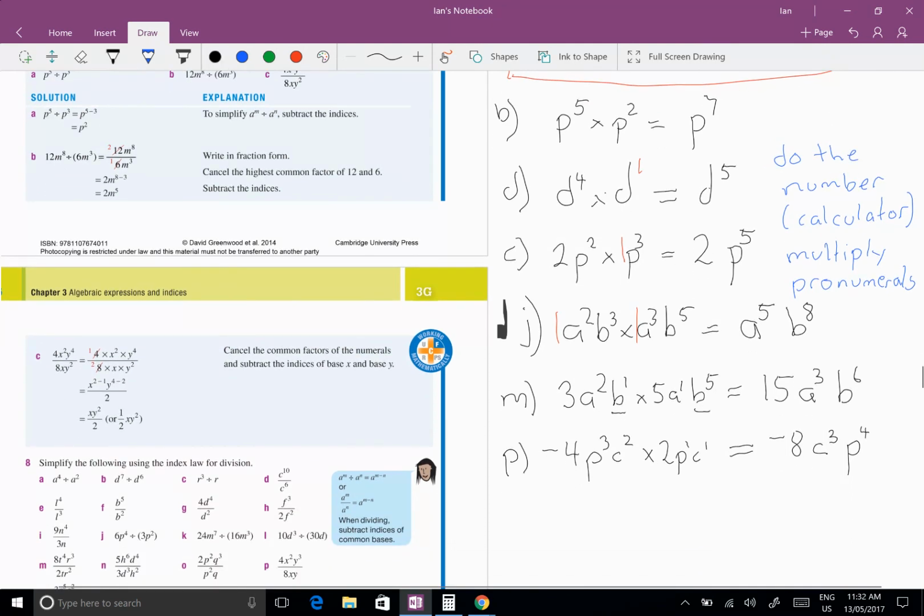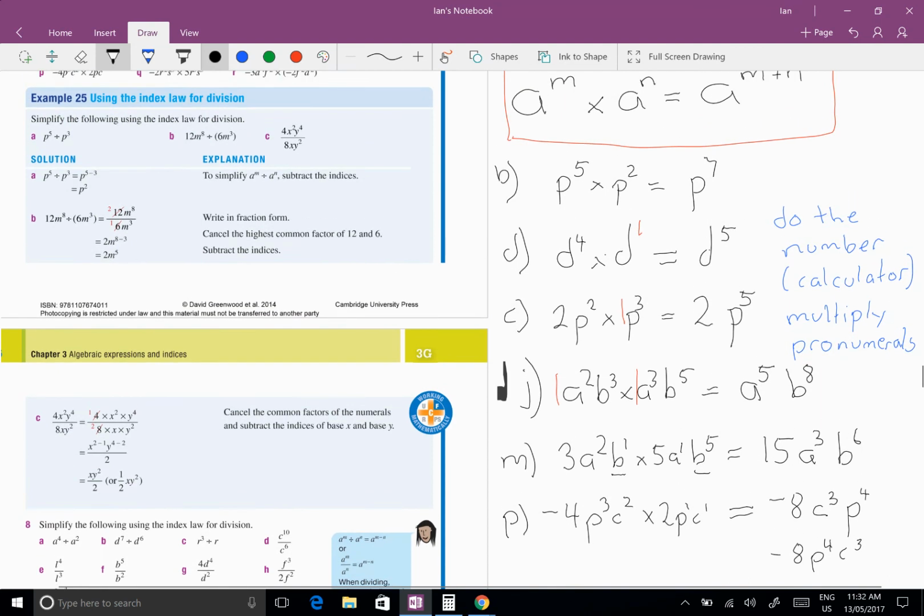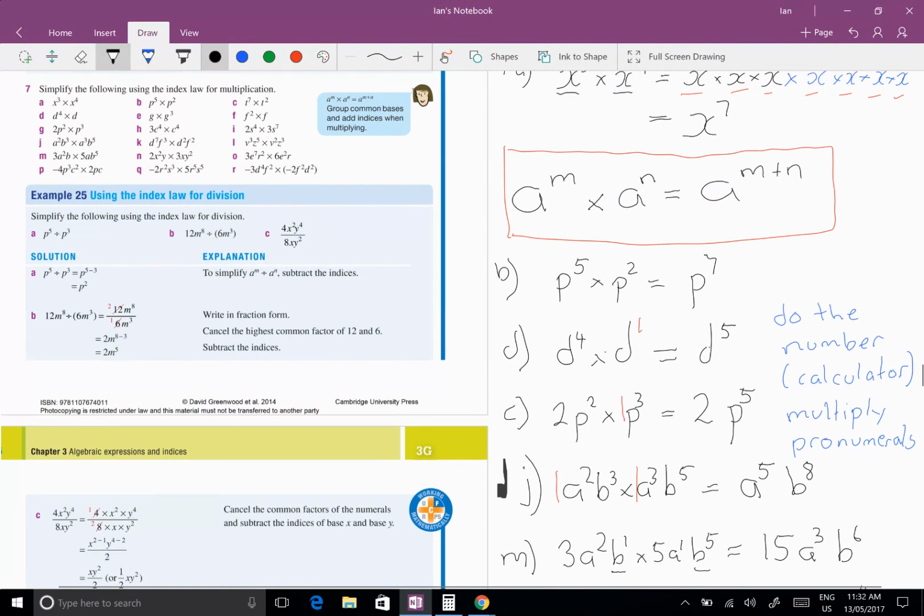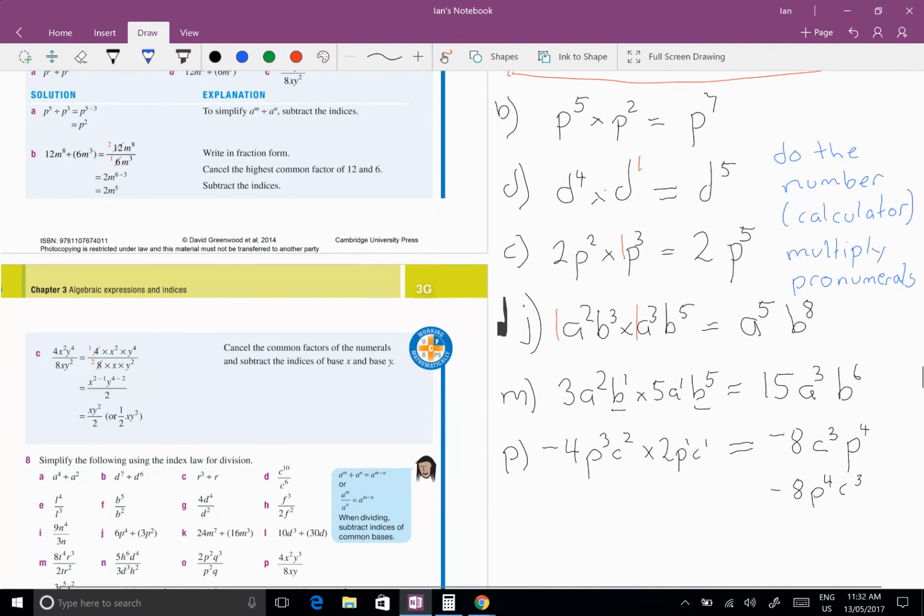Now you wouldn't be wrong if you wrote P negative 8 P to the 4 C cubed, but we like to write things in alphabetical order. It just gives us a method of doing these things so that all answers will be given in the same order, in the same expression.